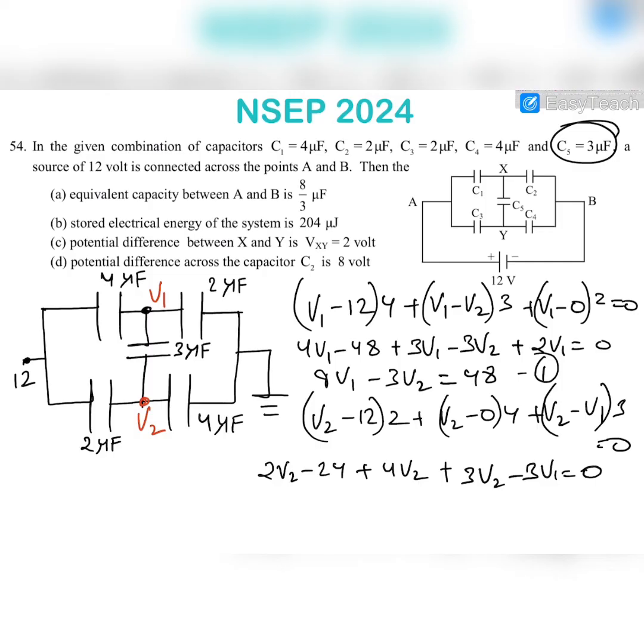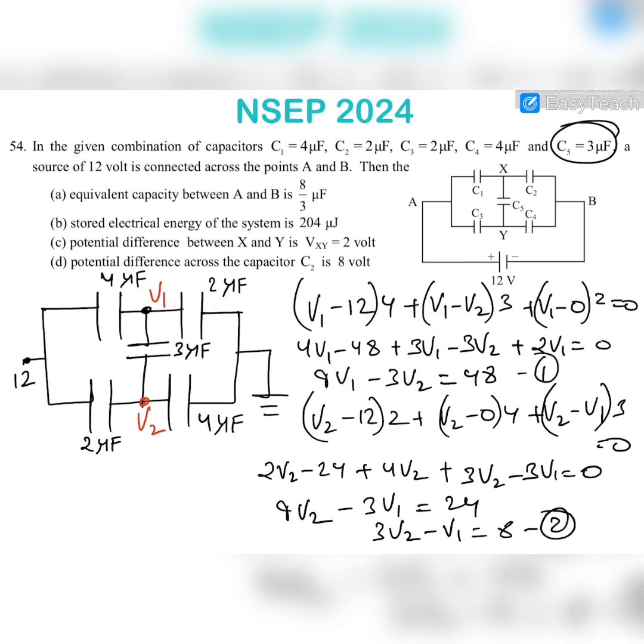So 9V2 minus 3V1 is equal to 24, and 3V2 minus V1 is equal to 8. This is the second equation.